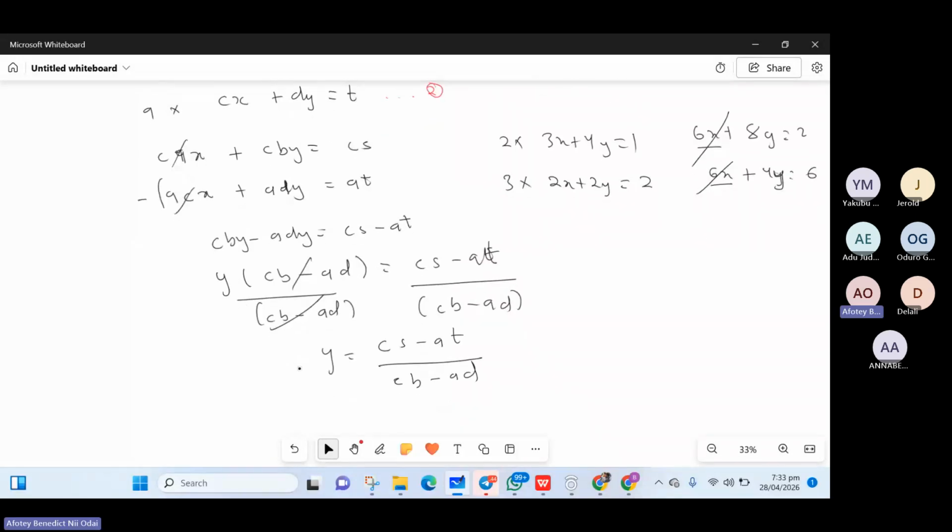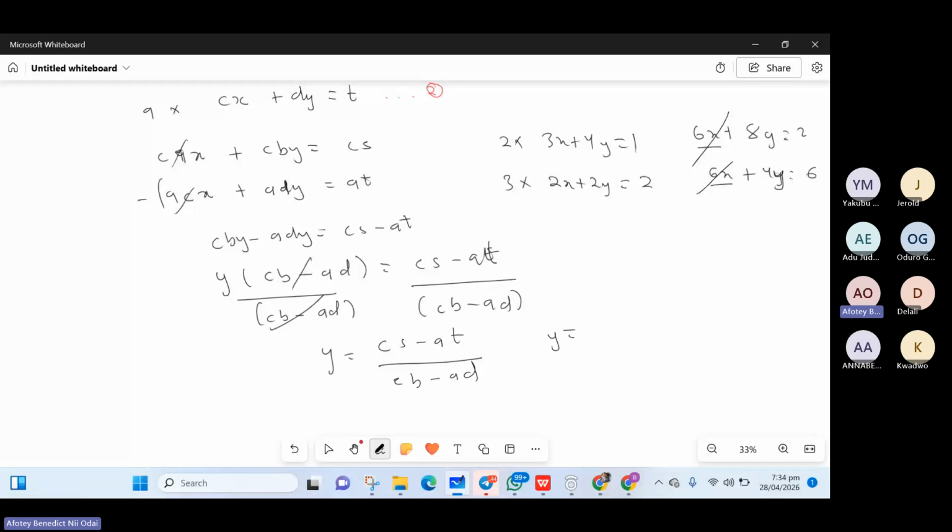So this is what we get when we solve for our y. Right now, what deductions can we make from what we've done? Look at this carefully. This is actually the same form as the determinant that we know.